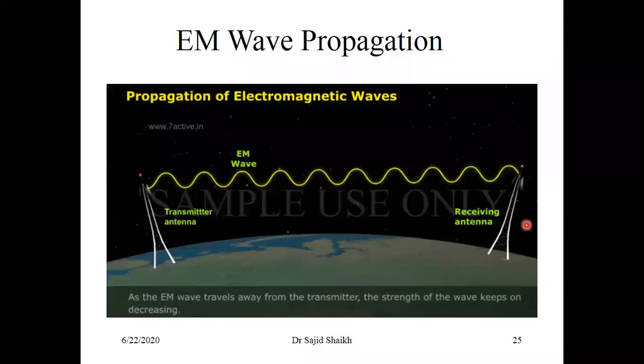Ultimately the electromagnetic wave will strike the surface of the Earth, so you will not get the signal at the receiving station. So what I mean to say is that ground wave propagation is suitable for smaller distances.